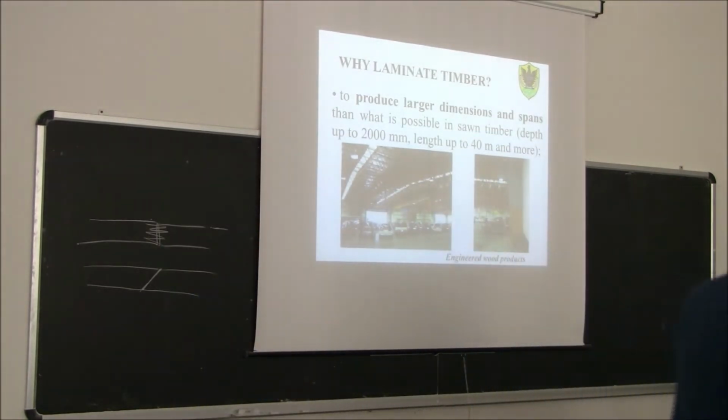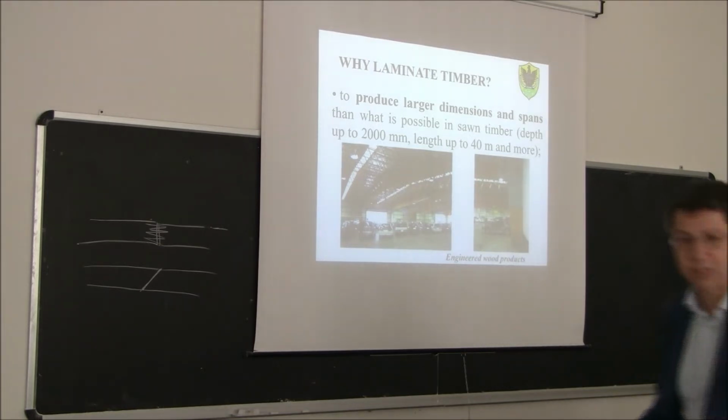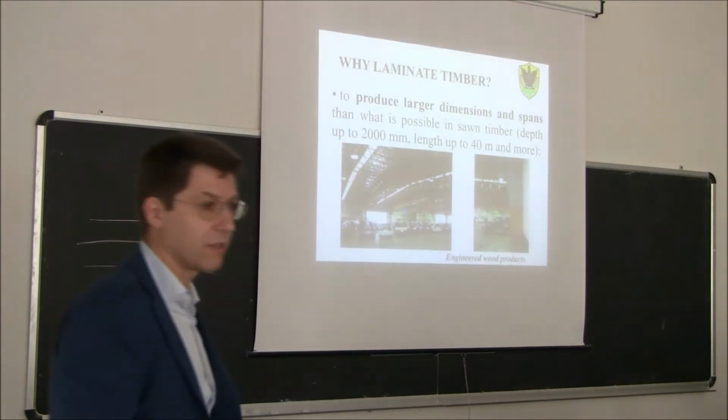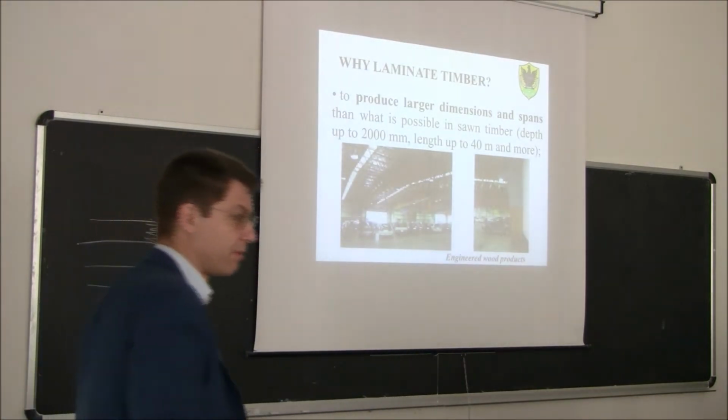Theoretically, we could also have members longer than 40 meters, but then the problem will be transportation. This product is not produced on the building site. It's produced in a manufacturing warehouse, and then it needs to be transported to the building site. So beyond 40 meters, the transportation is a problem.